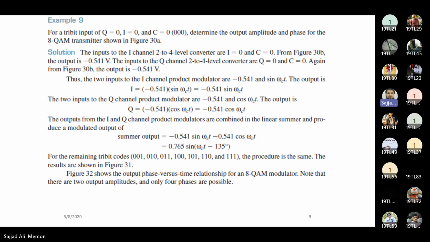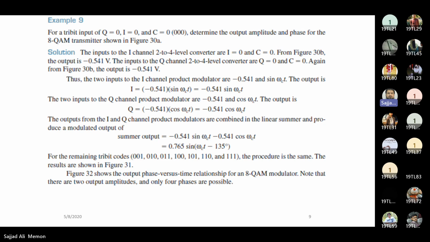So the I channel output will be this. When you combine the Q channel, the output will be 0.541 sine omega ct minus 0.541 cos omega ct. When you further solve this, it will be 0.765 sine omega ct minus 135 degrees.